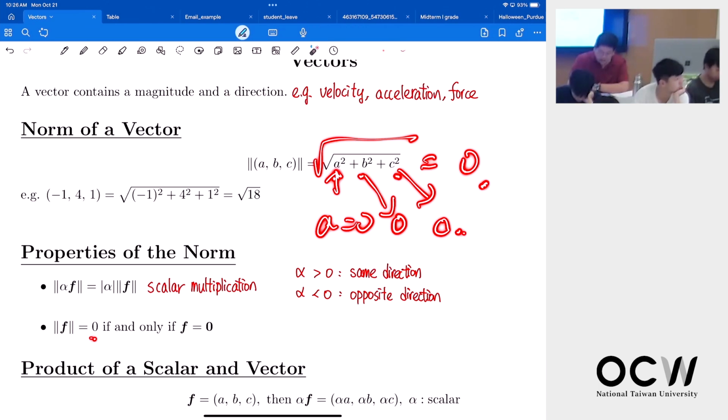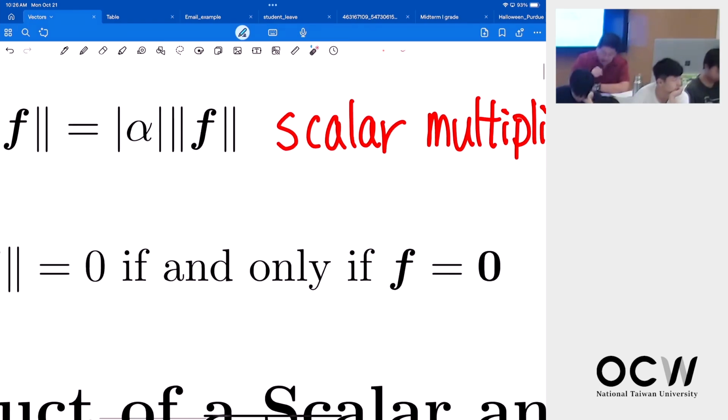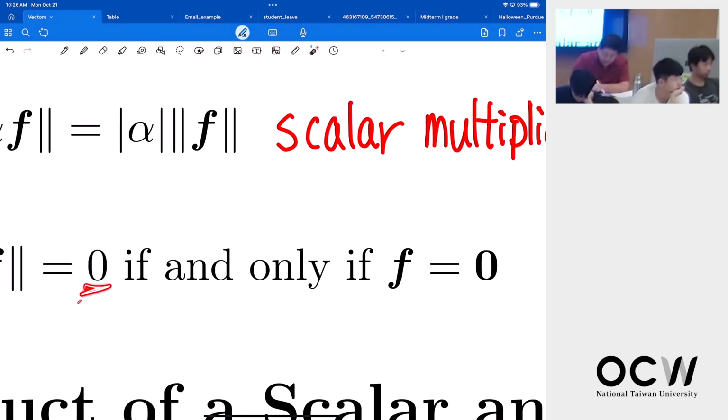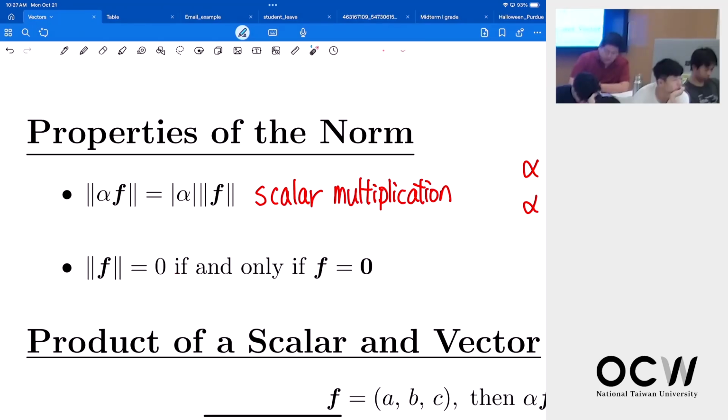Then, if and only if, this vector is a 0 vector. You can see this is a scalar 0, because it is a magnitude from finding the norm. But this one is a vector, a 0 vector. So only when the vector is a 0 vector is the norm 0.